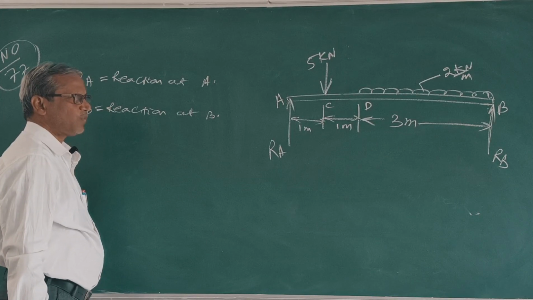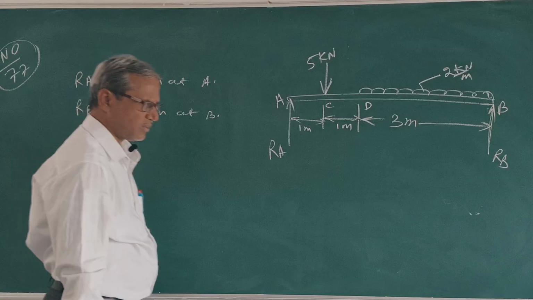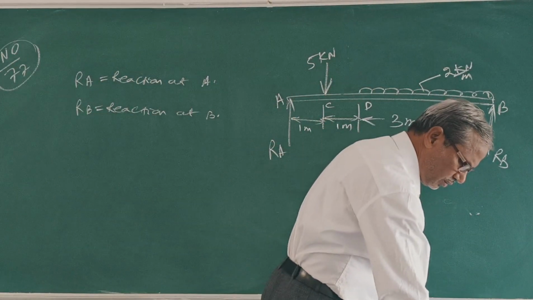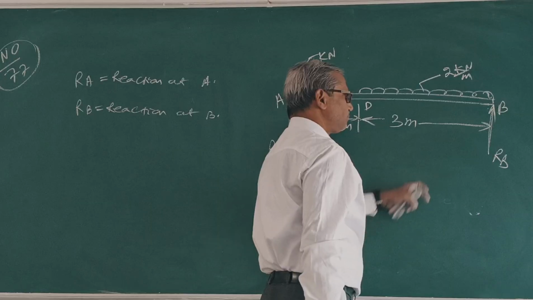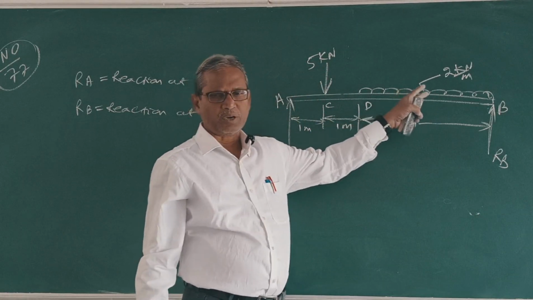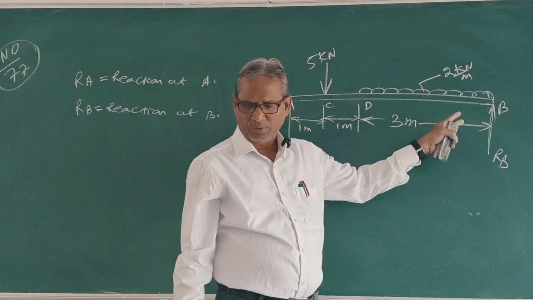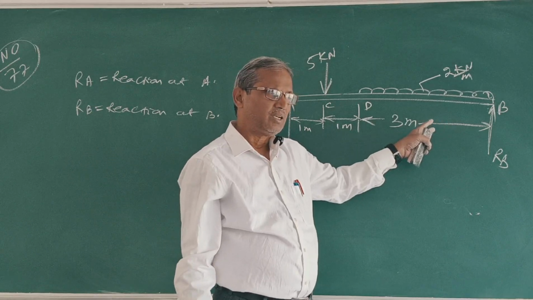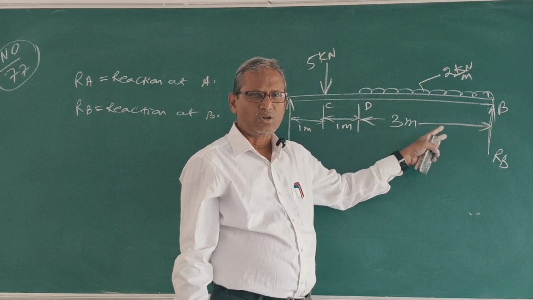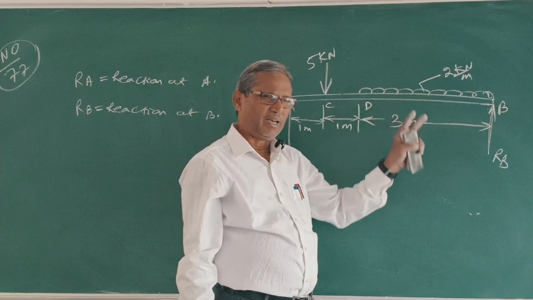Now first make the load calculation. 2 kilonewton per meter over a length of 3 meter. What is the total load? W equals L acting at L by 2.